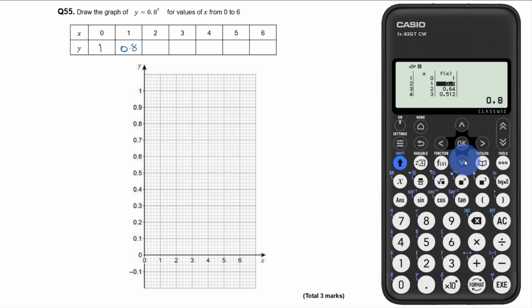When x is 2, I get 0.64. When x is 3, I get 0.512. I think I'm going to just round it off to 0.51, just stick with 2 decimal places. Next one is going to be 0.41 to 2dp, and then 0.33, and then finally 0.26.